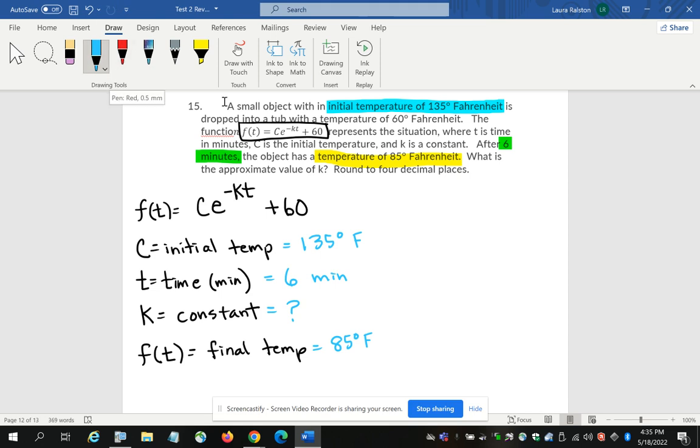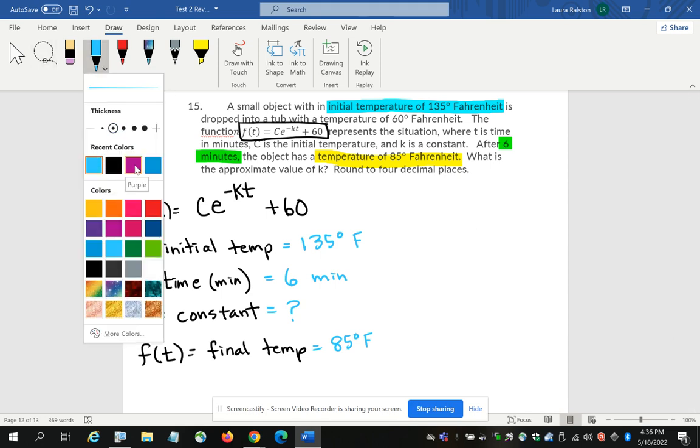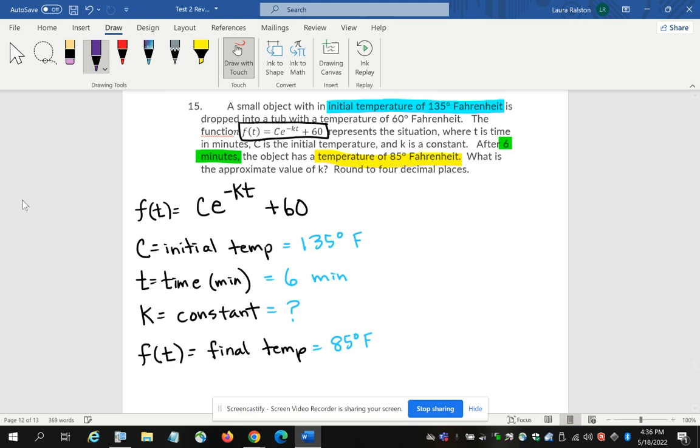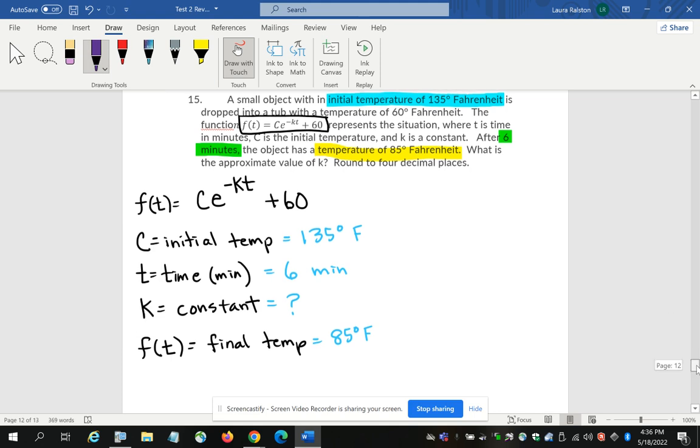Now some of you may be worried about the 60 degrees Fahrenheit. Guys, the 60 degrees Fahrenheit is taken into consideration in the formula here. See this plus 60. So don't get all frantic about that. All right, so let's see what we got here. I have all of my values. I'm going to plug them into the formula.